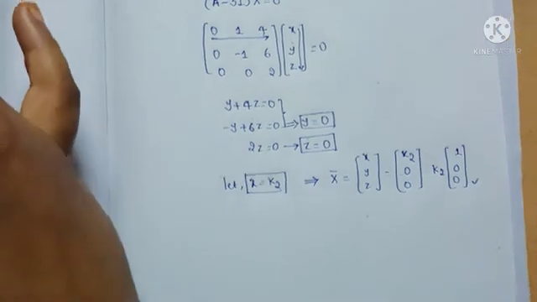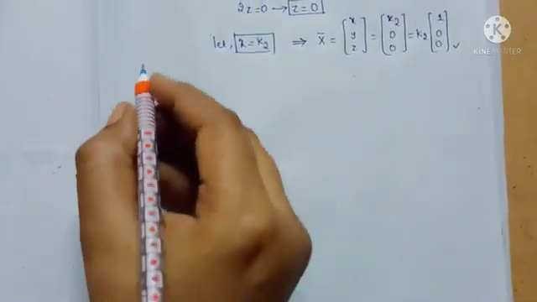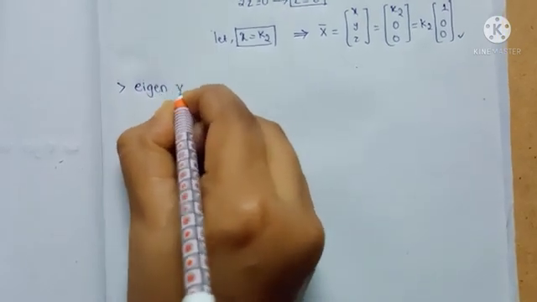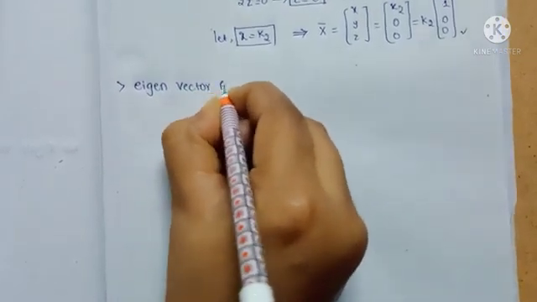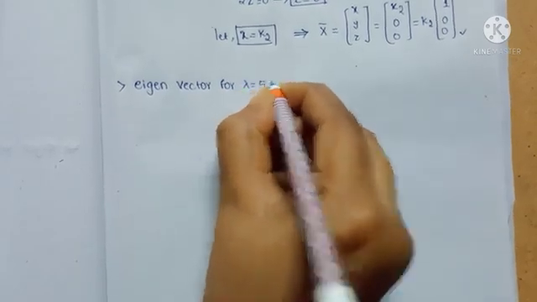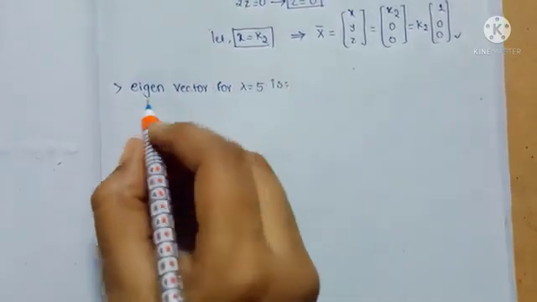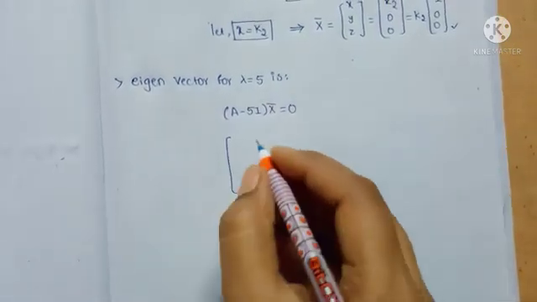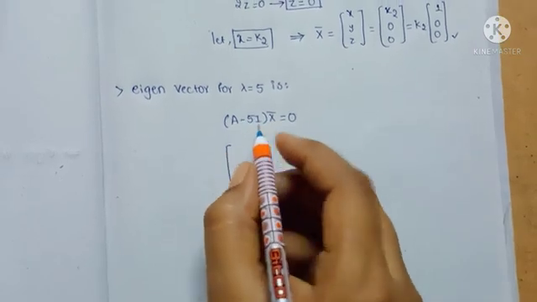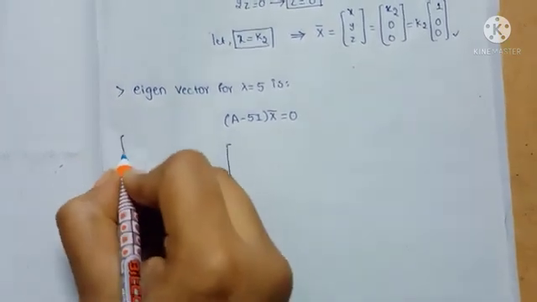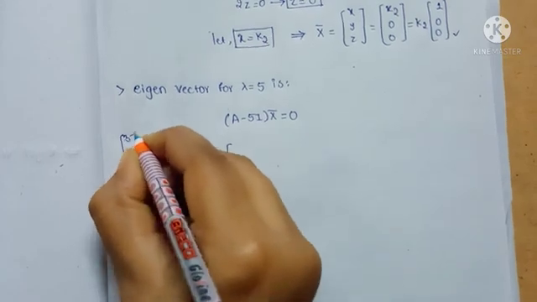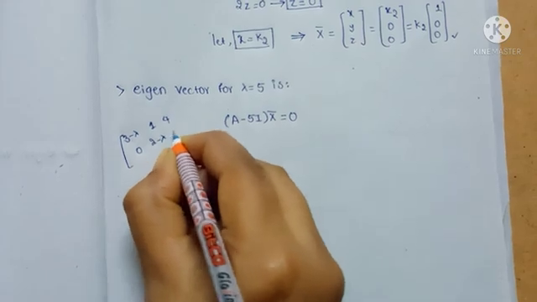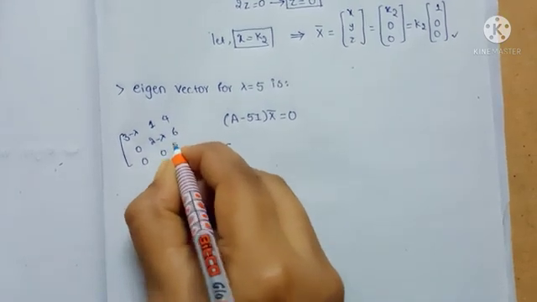Now we have to find one more eigenvector, the eigenvector for lambda equal to 5. Here I am writing the A minus lambda I matrix: 3 minus lambda, 1, 4, 0, 2 minus lambda, 6, 0, 0, 5 minus lambda.